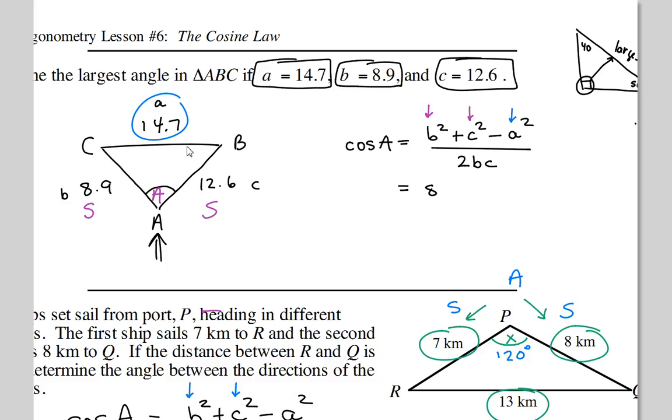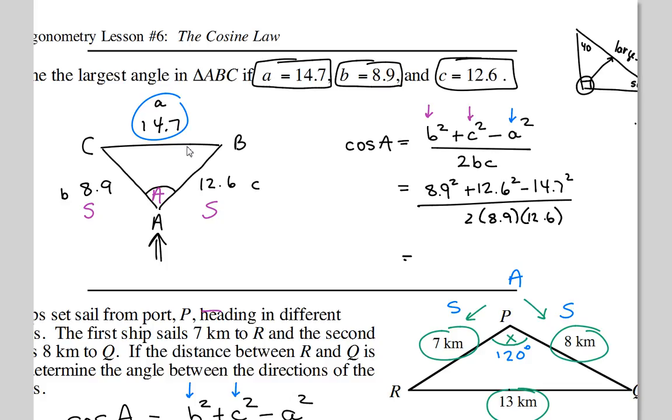I know, right? 8.9 squared plus 12.6 squared minus 14.7 squared all over 2 times 8.9 times 12.6. Okay, again, do the numerator and the denominator separately, please.